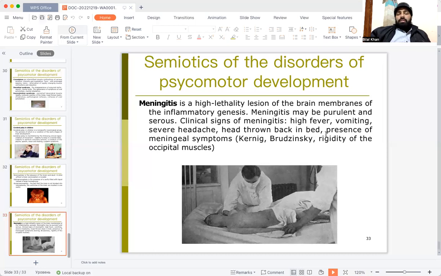After the second year of life, meningitis is caused by Streptococcus pneumoniae and Haemophilus influenzae type B. From 5 years to 21 years, it is caused by Neisseria meningitidis and Neisseria gonorrhoeae, and also again by Streptococcus pneumoniae and Haemophilus influenzae type B.